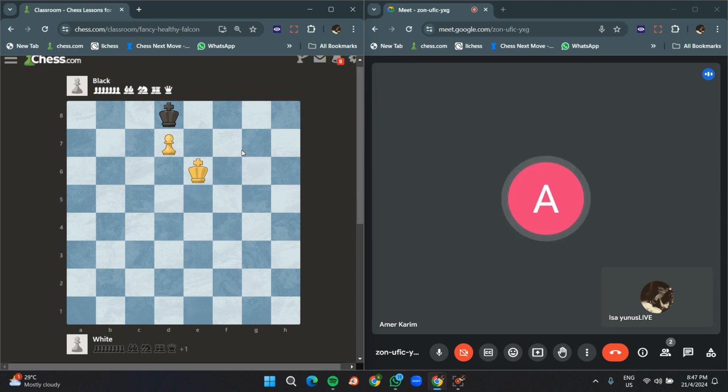What do you think in this position, if it is white to move and black to move? If this is white's turn, what is the result?